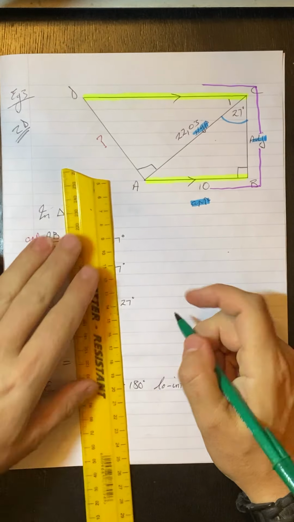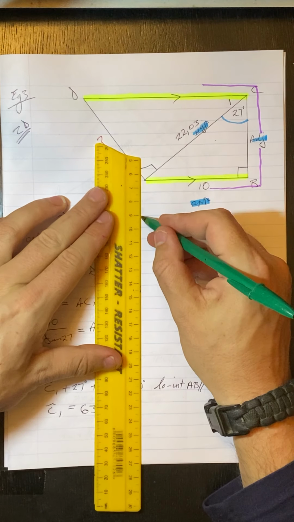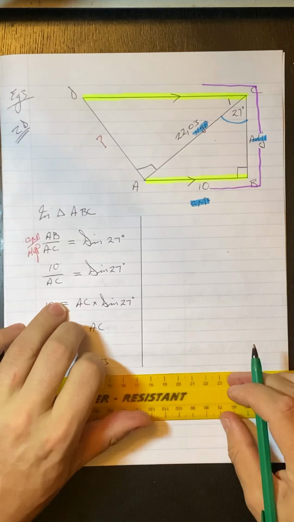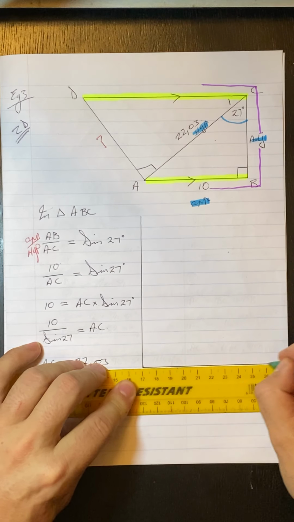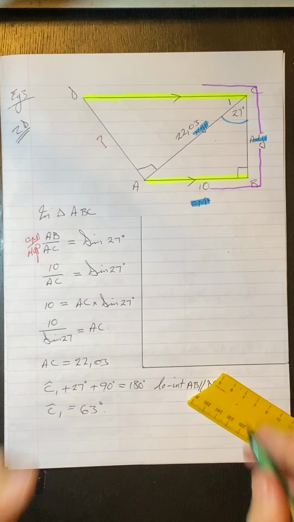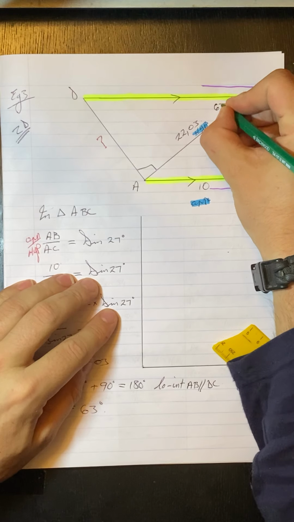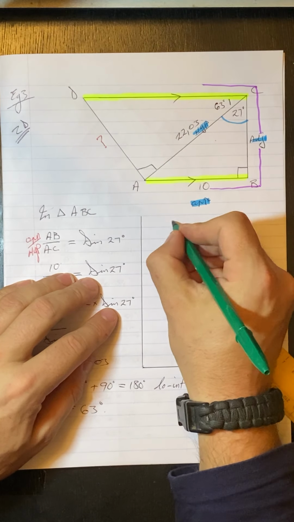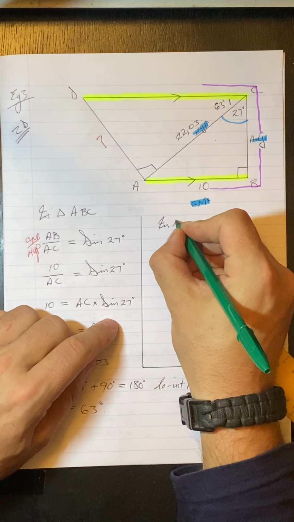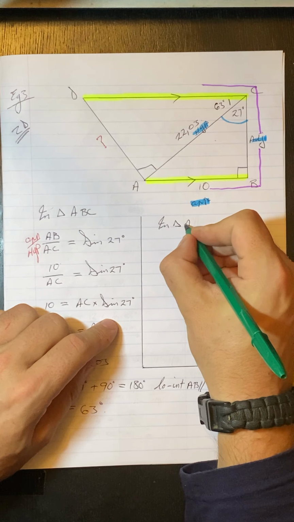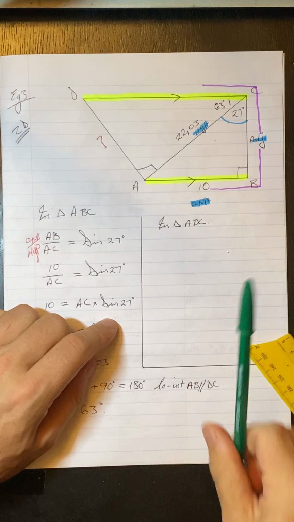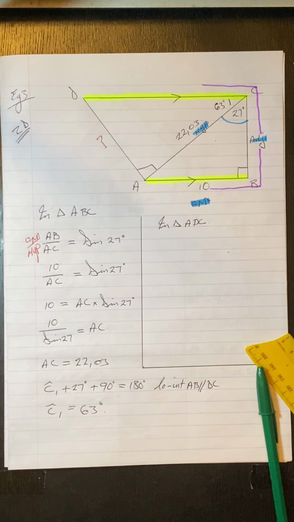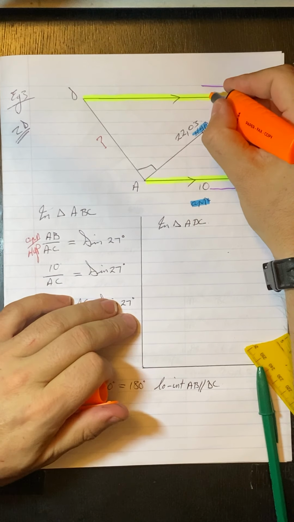Cool. Just going to continue on the same page. So we've got everything here and we can see what's happening. Now we know that this angle here is 63 degrees. I can work with my ADC triangle. In triangle ADC, let's fill in now our hypotenuse, adjacent, opposite from this angle.